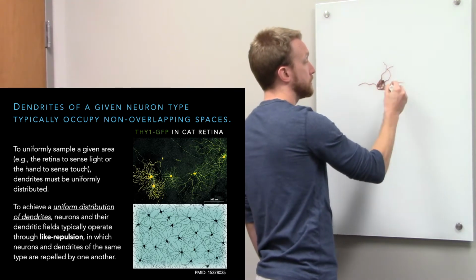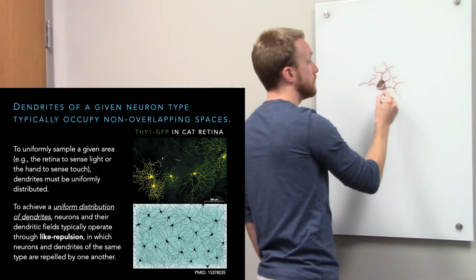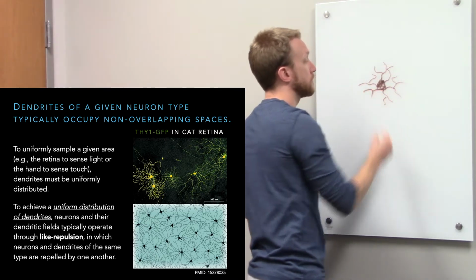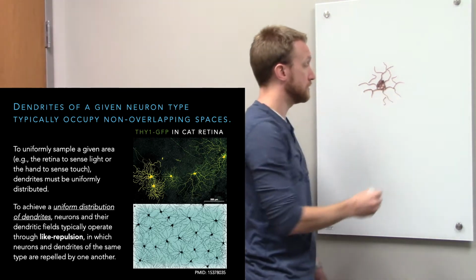And all dendrites are going to do this, and even as they branch out, we're going to have like repulsion so that we get fairly uniform coverage and not a bunch of dendritic fasciculation.